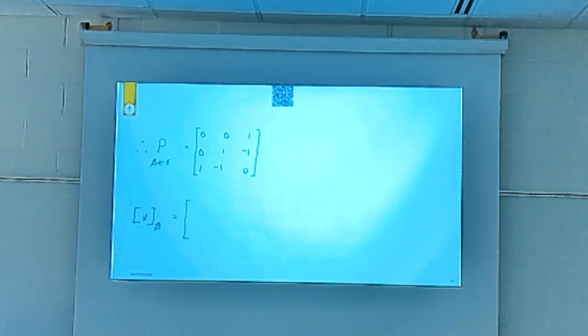If you wanted your coordinates with respect to the basis B, you would now take that matrix you just found, and multiply by the coordinate vector with respect to E.